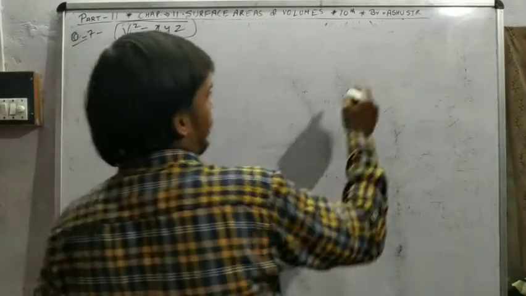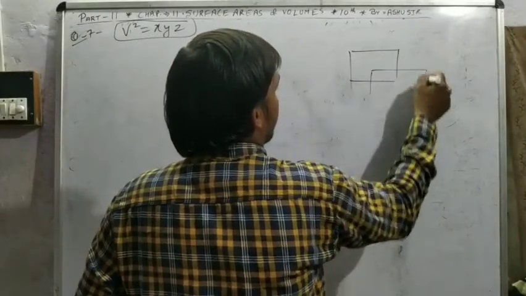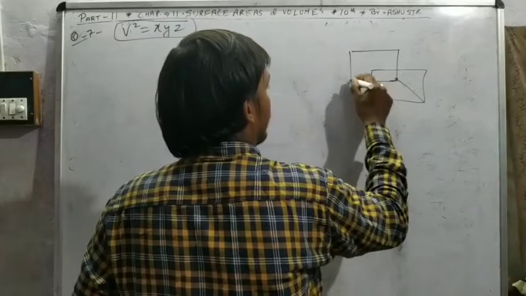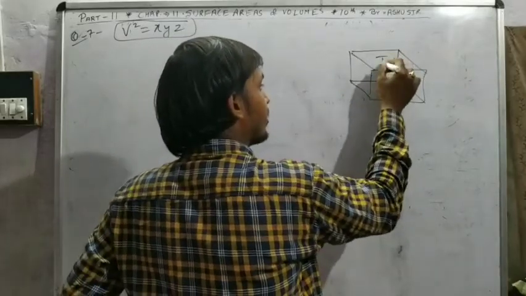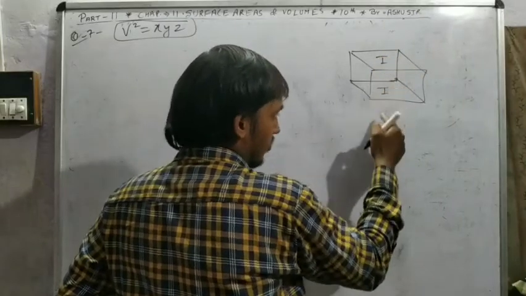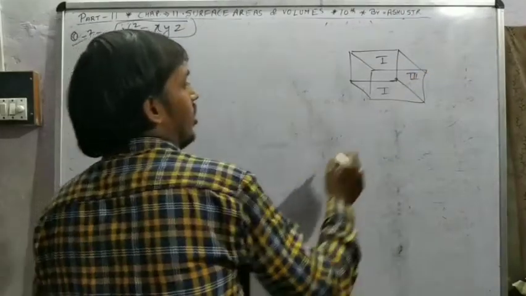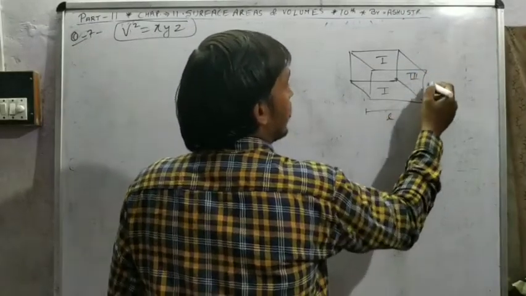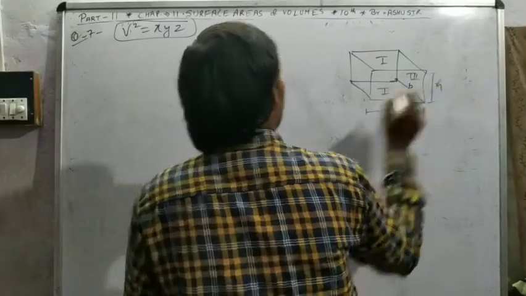Only see the figure. First face, back. Second face, top and bottom. And third is the side. This is length, this is breadth, and this is height.